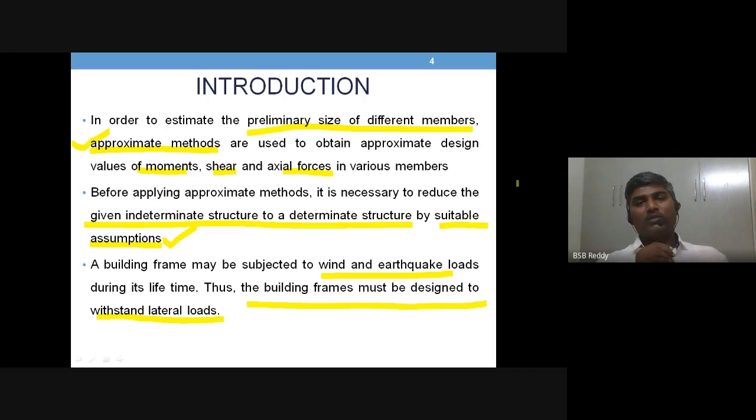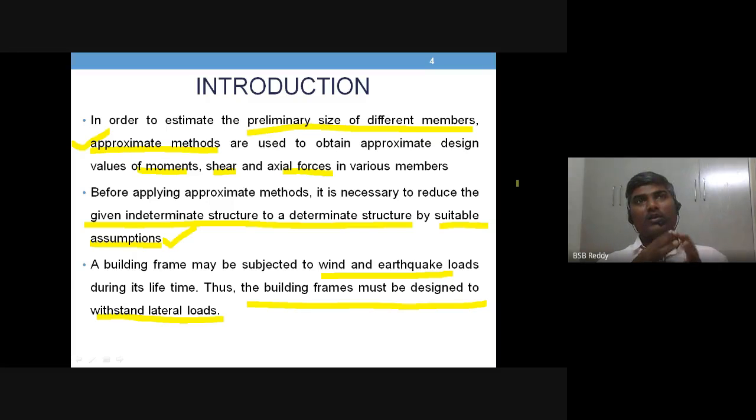By doing approximate analysis, you need to arrive at some moments, shear forces, and axial forces in the members. So internal forces, the other way, you need to solve for internal forces in a simple manner.